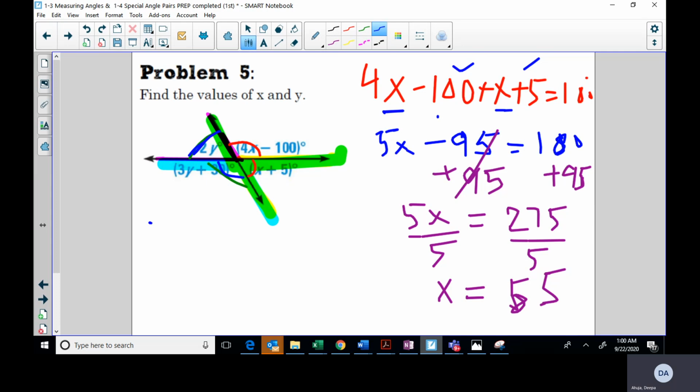So you will write down 2y plus 3y plus 30 is equal to 180, because they are forming a linear pair.